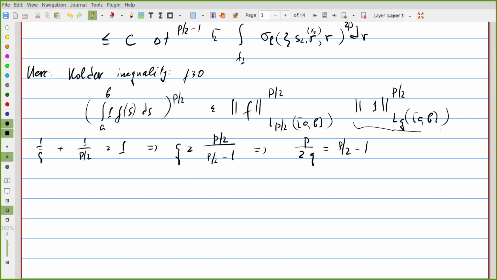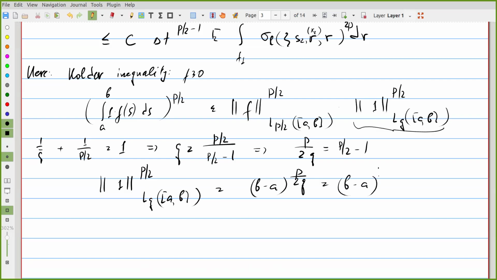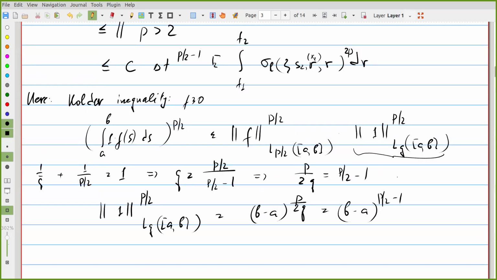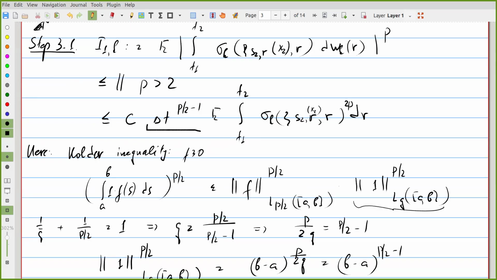And this is exactly 1 to the power p over 2 times the L q AB norm, which is just b minus a to the power p over 2 q by the definition of the L q norm, just b minus a to the power p over 2 minus 1, this part.